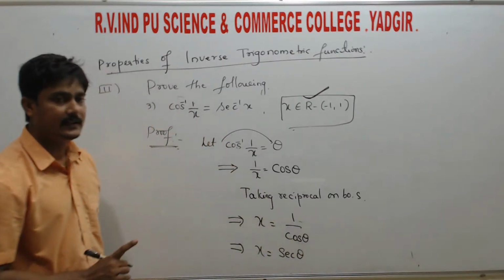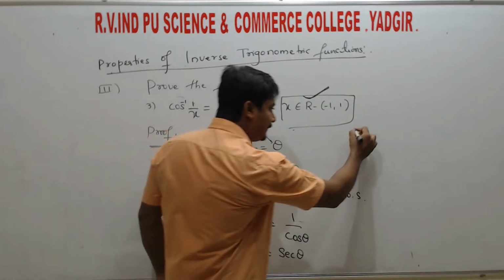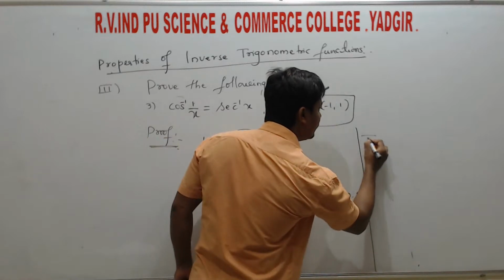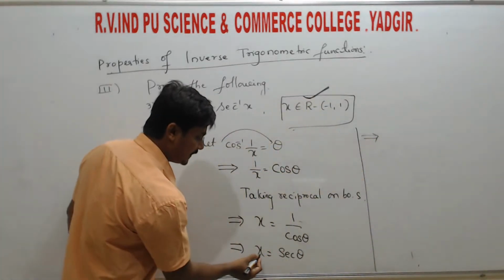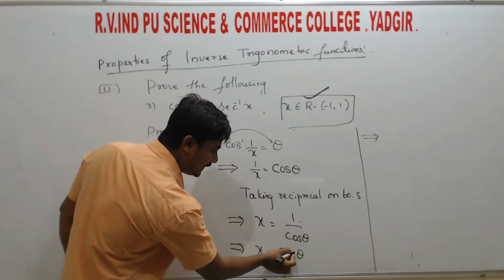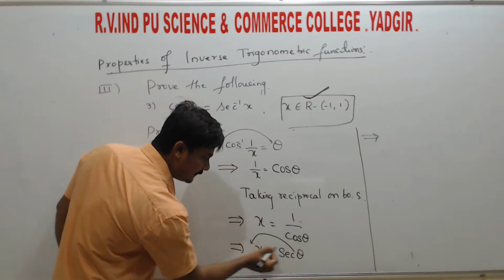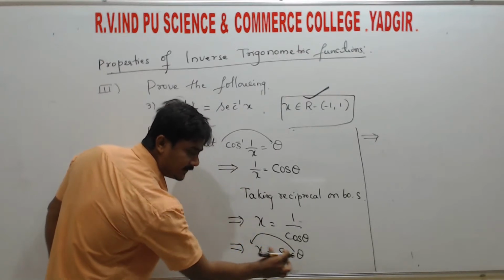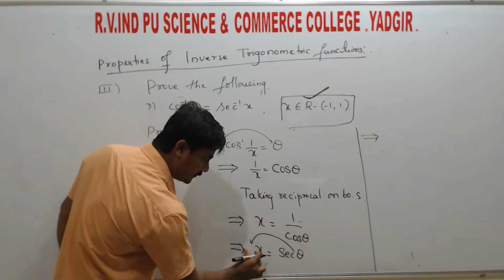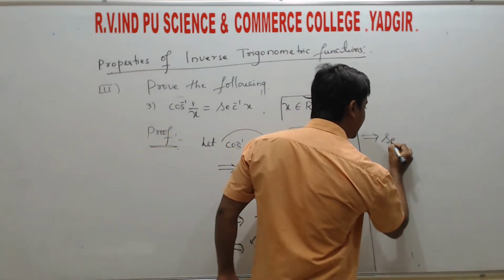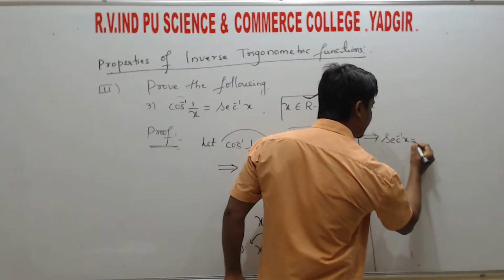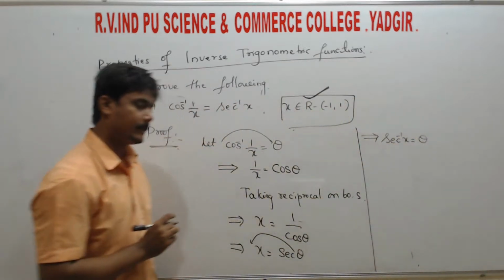This is sec theta. Now according to the definition of the inverse secant function, if x is equal to sec theta, and I take sec to the left side, what do we get? Secant inverse x equal to theta.